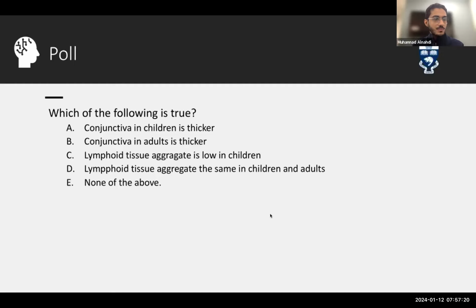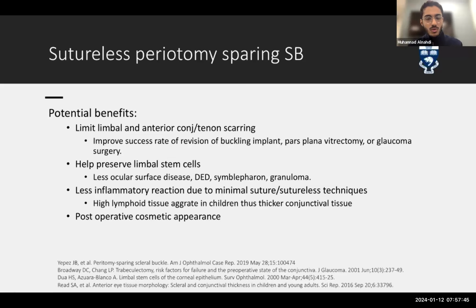Conjunctiva in children is thicker, conjunctiva in adults is thicker, lymphoid tissue aggregate is low in children, lymphoid tissue aggregate is the same in children and in adults. All right, we got overwhelming consensus here, so I'm going to end the poll quickly. So we'll answer that question.